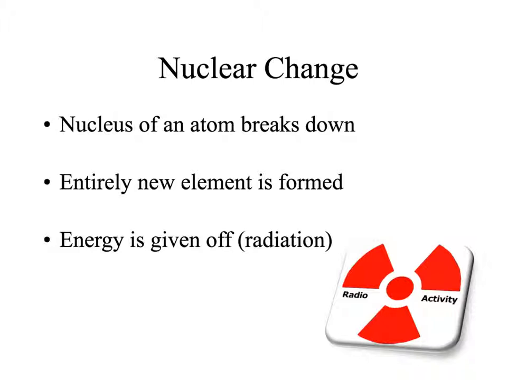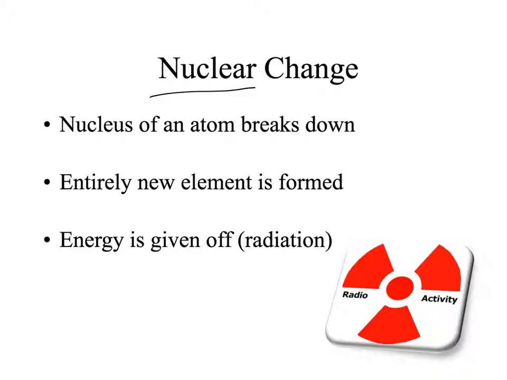We talked about physical and chemical changes and physical and chemical properties. The last thing we do have to mention is that there is one other type of change, and that's nuclear change. And we'll cover that more in our nuclear chemistry unit. But anyways, in a nuclear change, you're no longer just breaking down compounds into individual elements like you would for a chemical change.